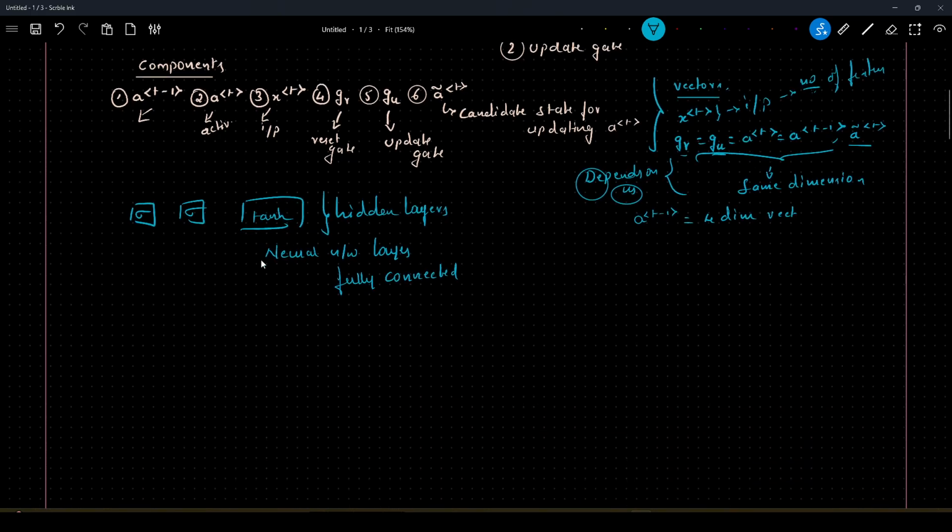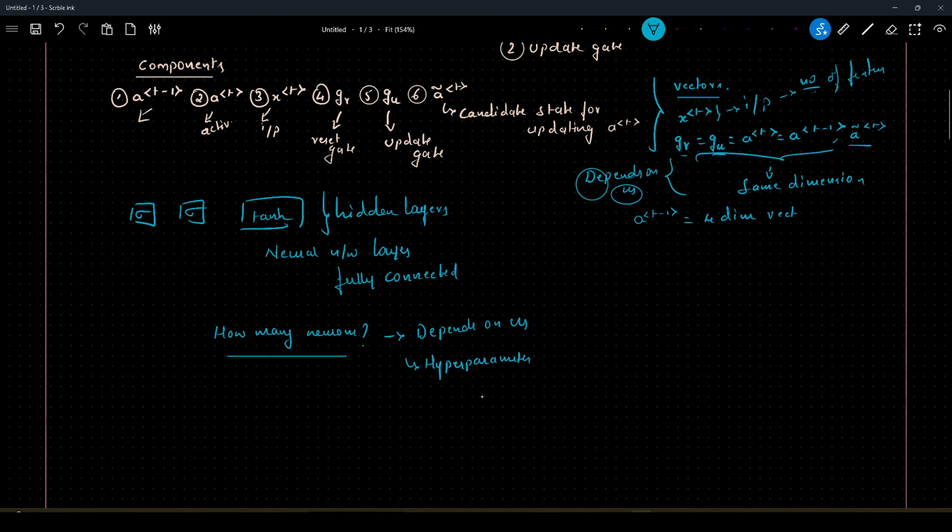So when I say they are all neural network layers, how many neurons do they have? It actually depends on us. We have to decide that. So this is actually a hyperparameter.